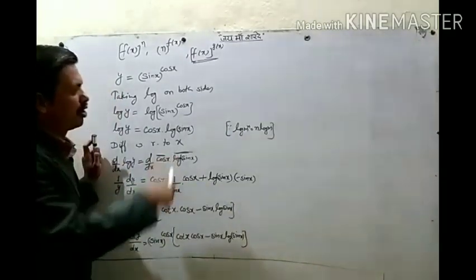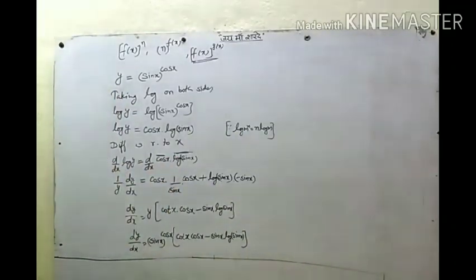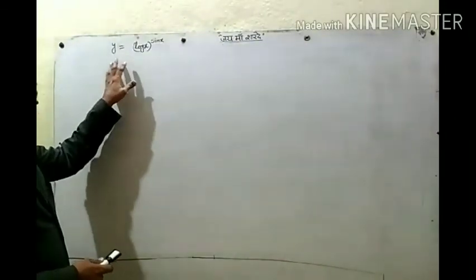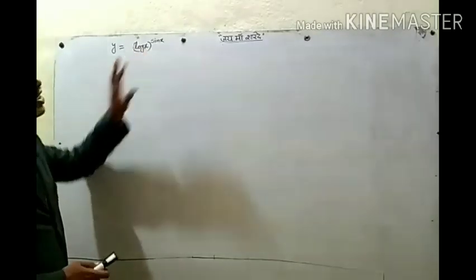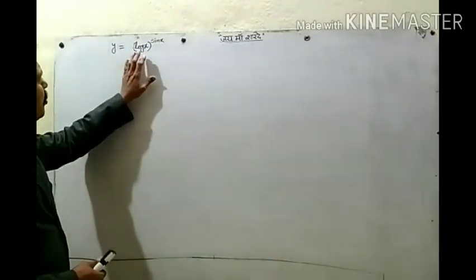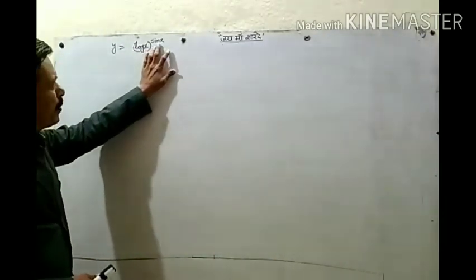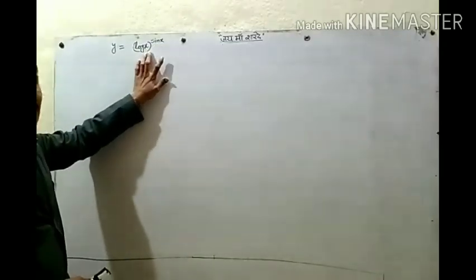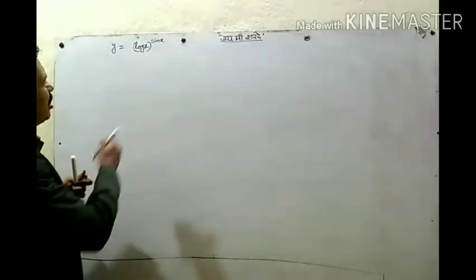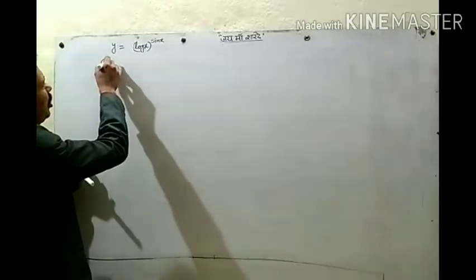First you can note down: suppose we want to find the derivative of log x to the power sin x. So again here both base and power are functions of x. So to find its derivative, first we take log.